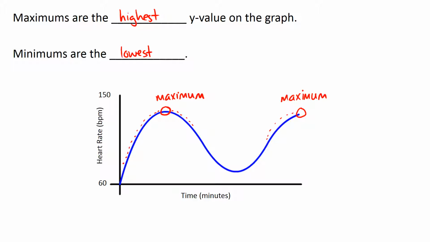So where the graph might rise and fall a few times, whenever you get to a little peak, we call that a maximum. And so even though this one's happening at the end of the graph, it's still a local maximum. You don't have to use that word local, but it's a maximum in its sort of area. And then we can do the same thing with minimums.